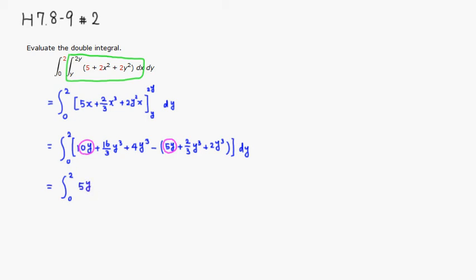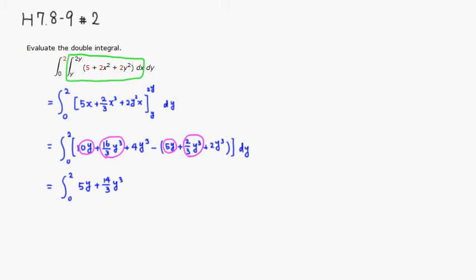Then you have 16 over 3 y cubed minus 2/3 y cubed. That will be 14 over 3, so plus 14 over 3 y cubed.